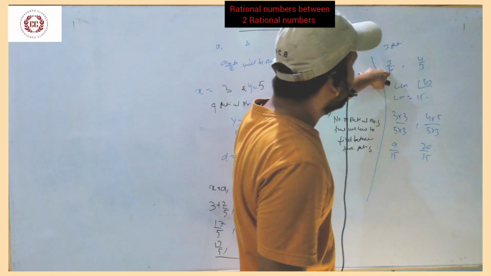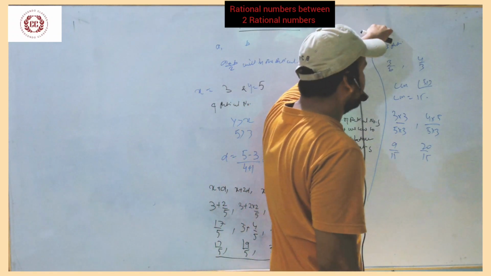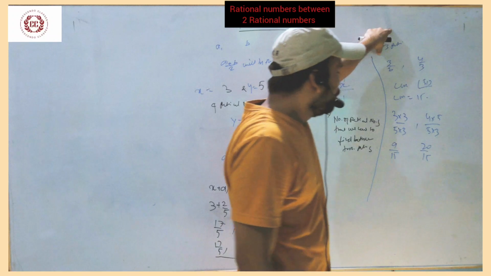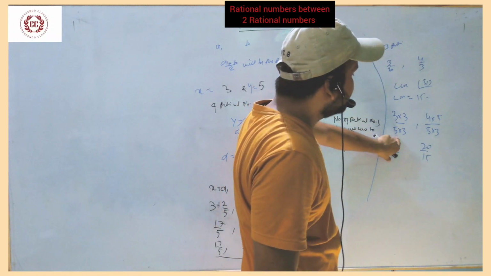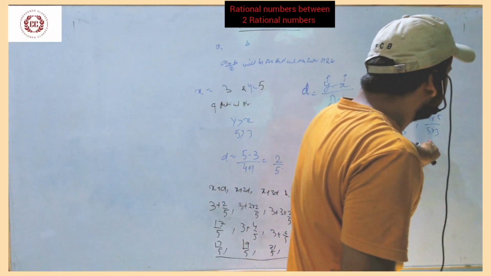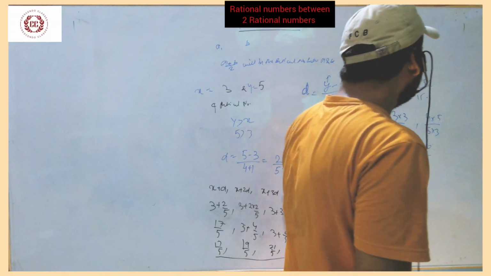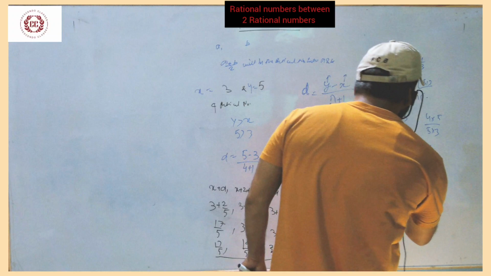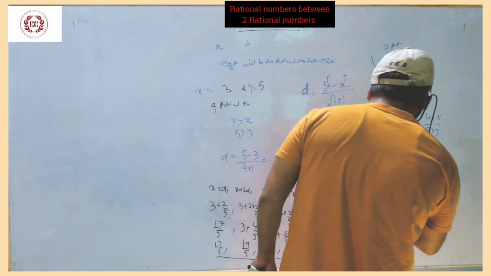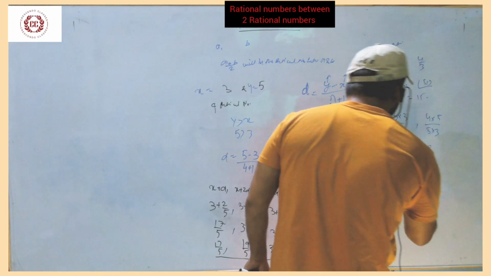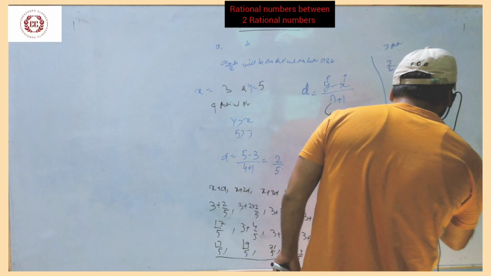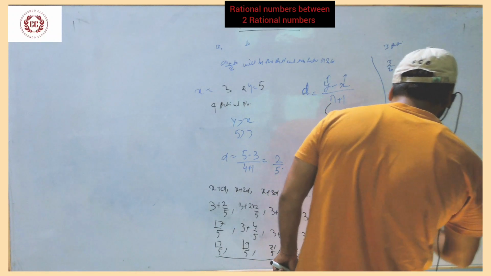Here we have to find three rational numbers. So we will multiply the numerator and denominator both by 4, and we will write it as 9 multiplied by 4 upon 15 multiplied by 4, and 20 multiplied by 4 upon 15 multiplied by 4.